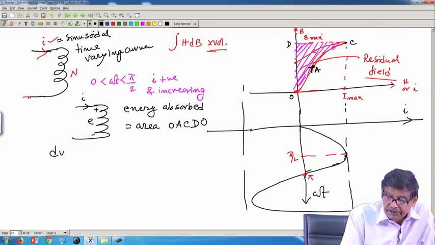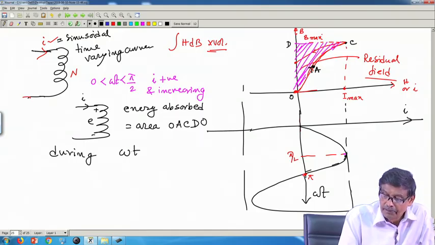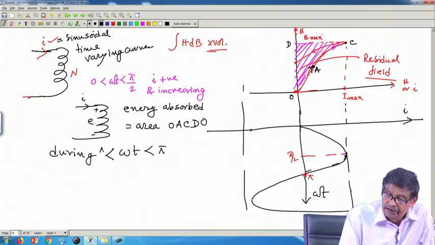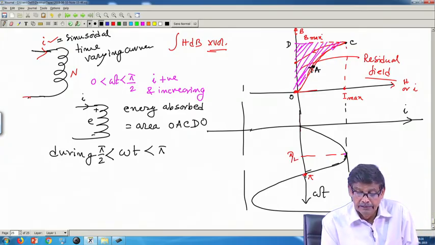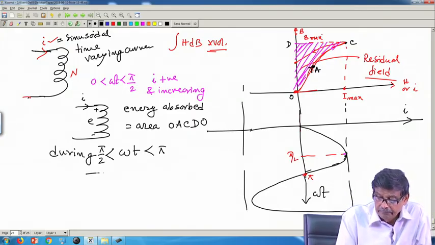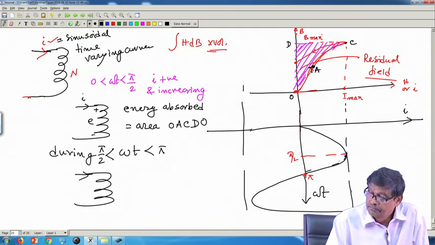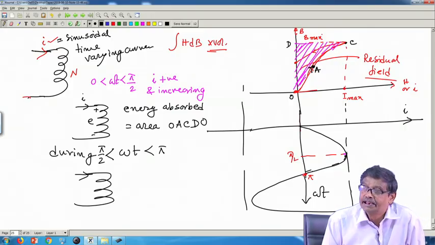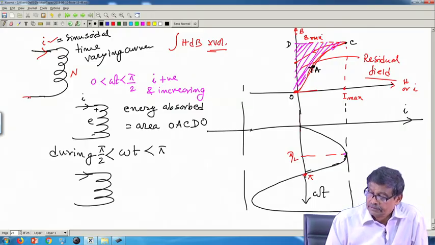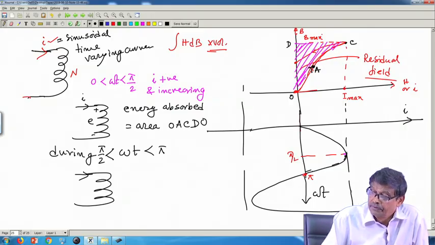During this interval, what is happening? Omega t, pi, and this is pi by 2. During this interval, I is still positive, no doubt, but I is decreasing, dI/dt is negative. Therefore, dB/dt is negative.